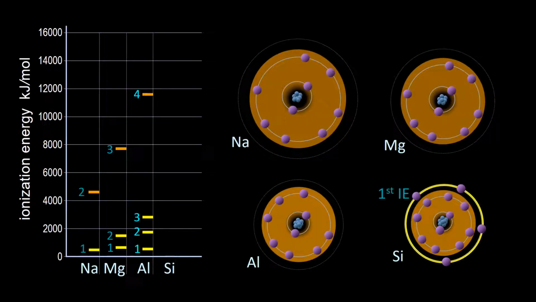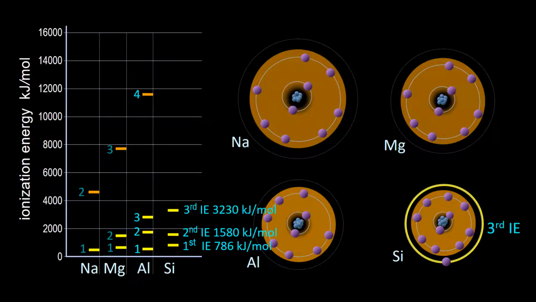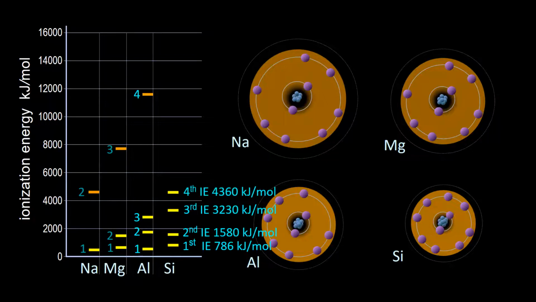For silicon, we see a similar pattern. Now removing the fourth valence electron gets us to a neon configuration. What's going to happen with the fifth ionization energy? You're right! A big jump for the fifth ionization energy, which takes from a noble gas electron configuration.